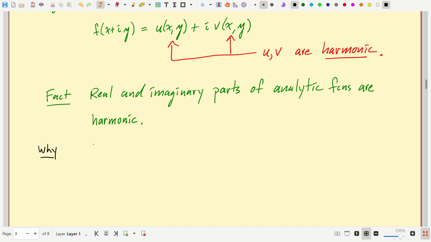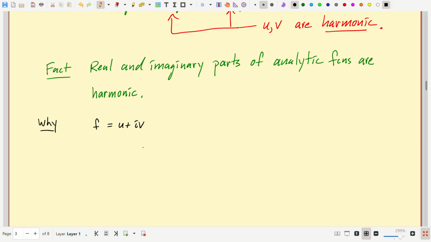Let's see. So I would have f equals u plus iv. I had red box number 1, which was that f prime was equal to du/dx plus i dv/dx.